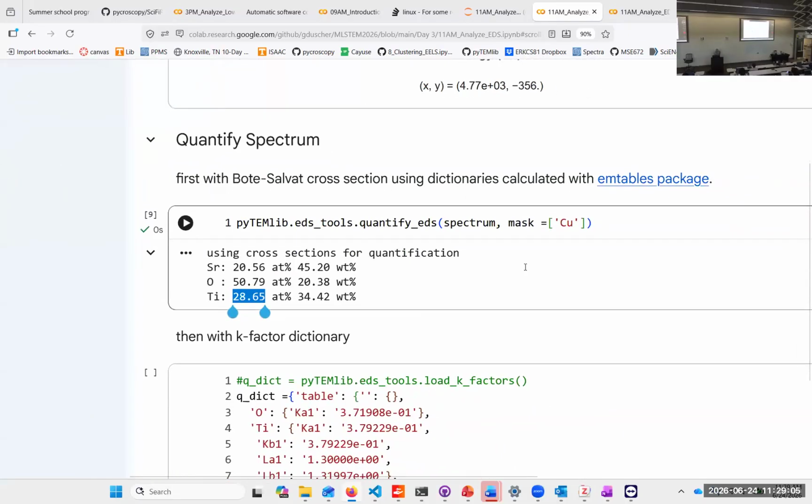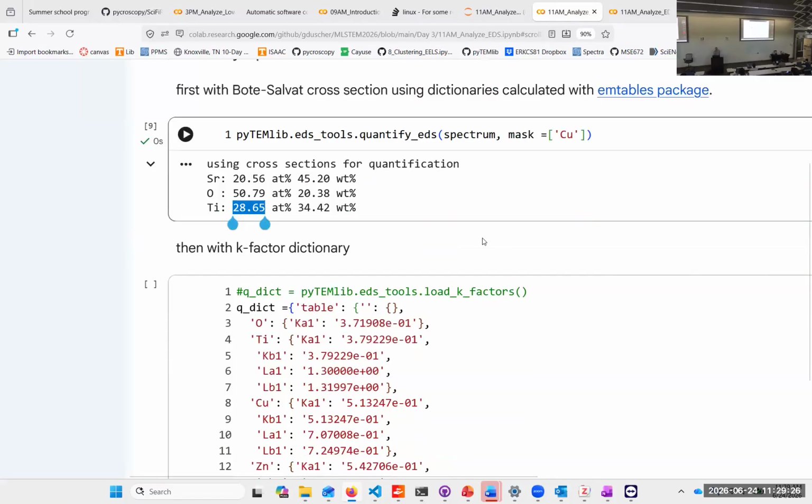If you look at that link from the EM tables, they have a paper on that. They explain exactly what they're all taking care of. And it's as much as you can do, actually, I think. So they do a very good job of that. And so those are probably the best ones that are standardless.